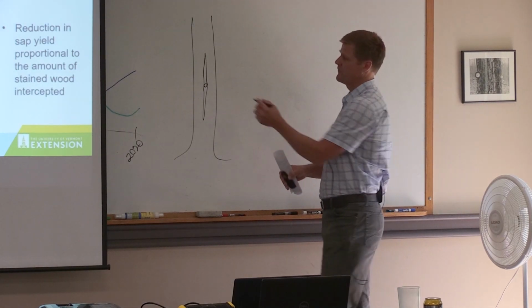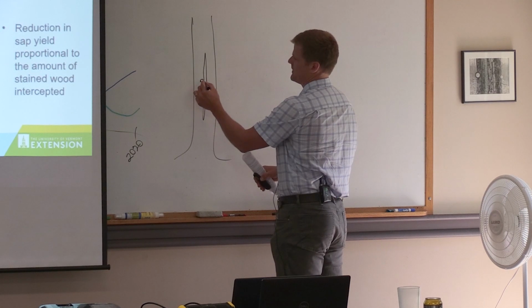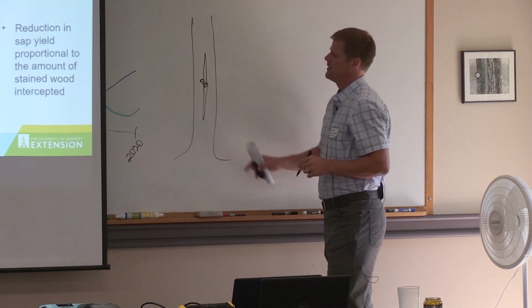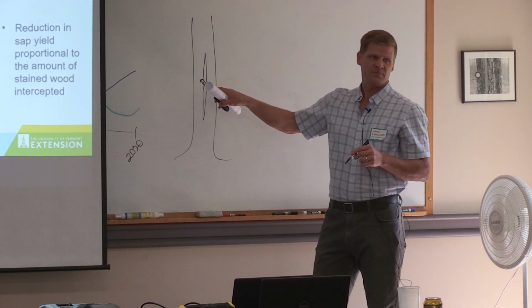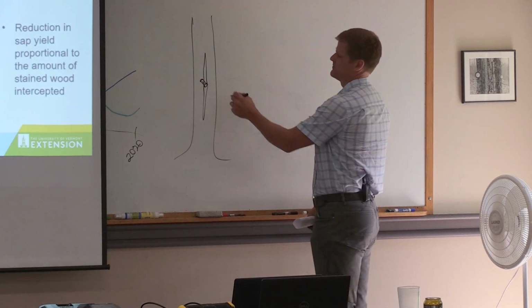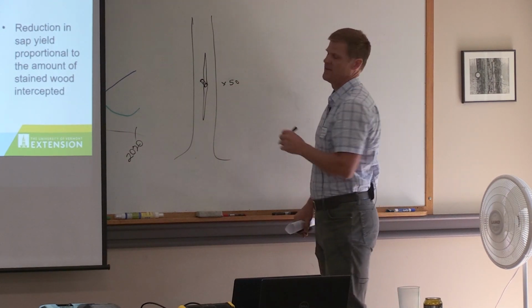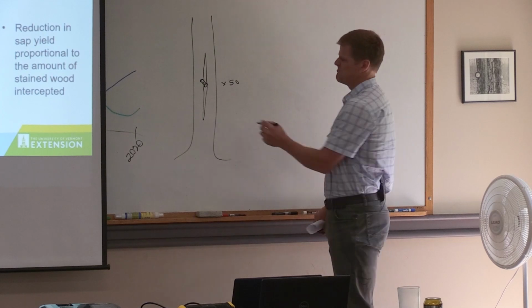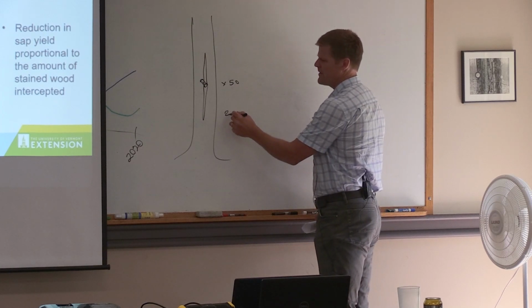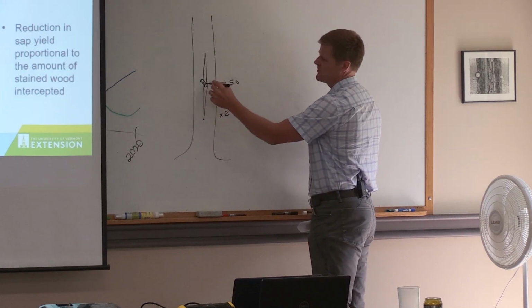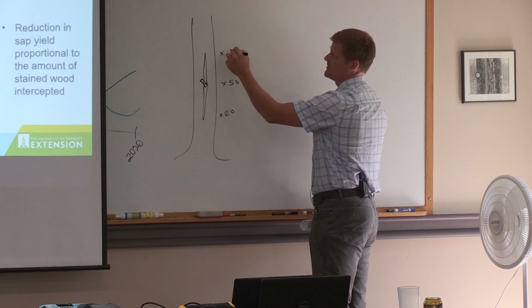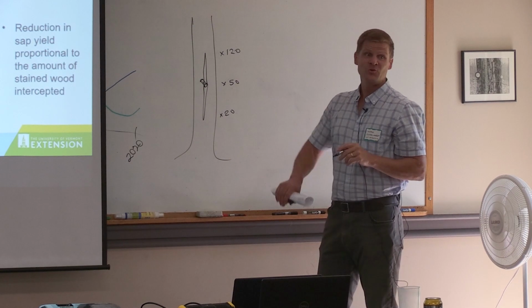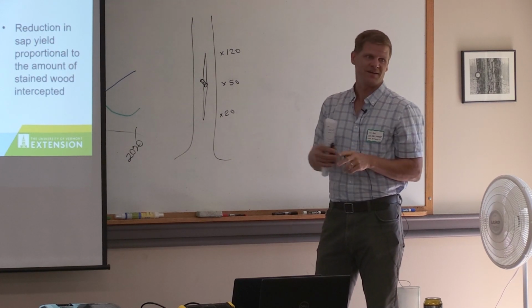If this is the tap hole, the average volume is about 50 times that tap hole size. The minimum could be, I think, about 20 times this volume. The highest, I want to say, is just under 120. And you can't see any of that from the outside.